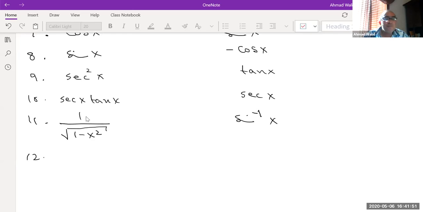Number 12, 1 over 1 plus x squared, the inverse tan x. There are two more in your table and your book. I didn't bring them here because I didn't teach you the hyperbolic trigonometric functions.